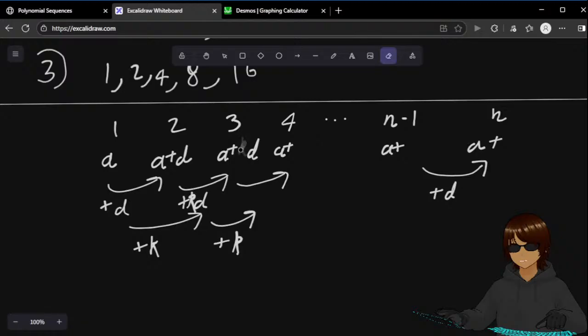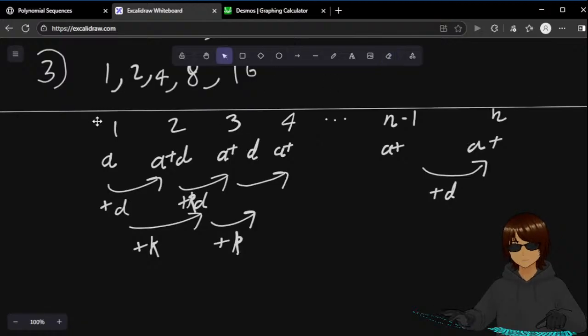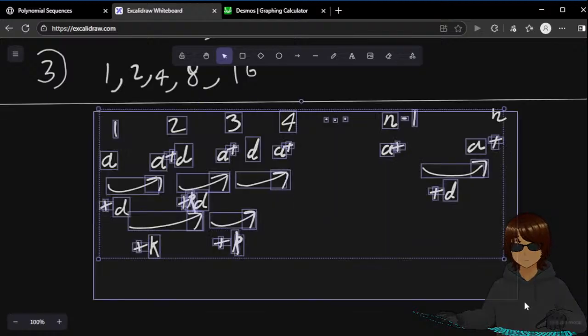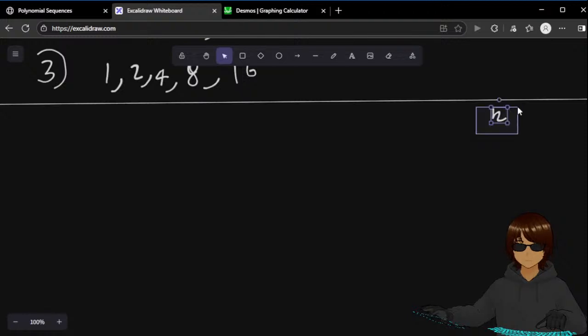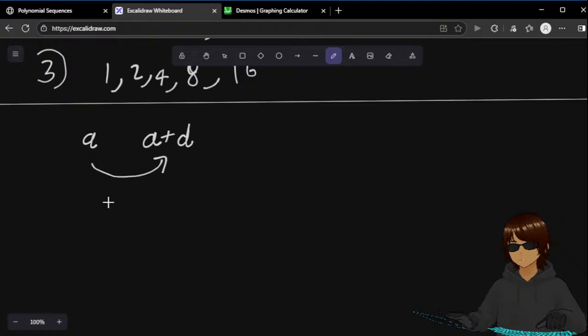I need to space these out a bit. So a plus d, and then the next term plus d plus k.